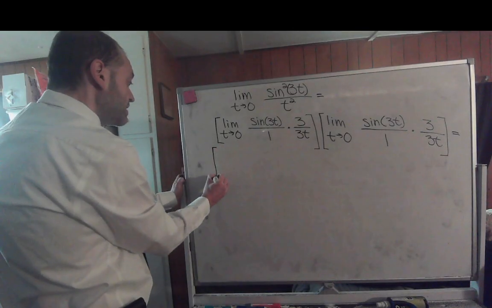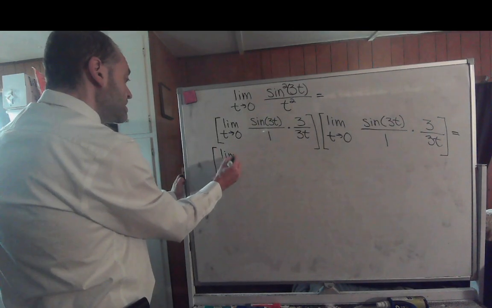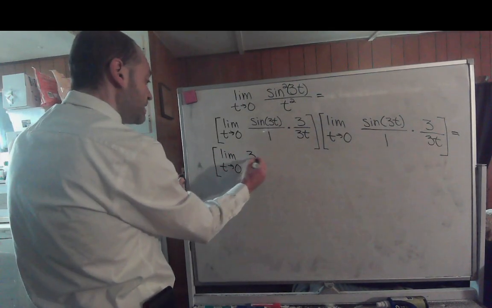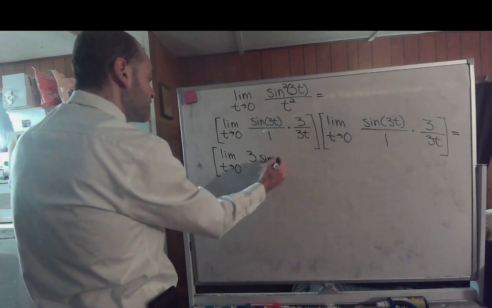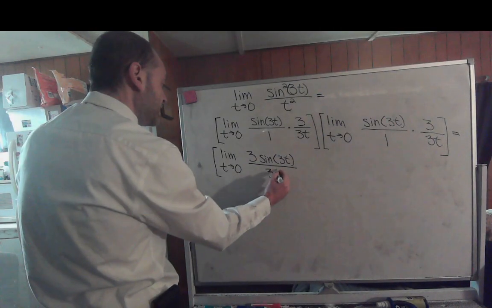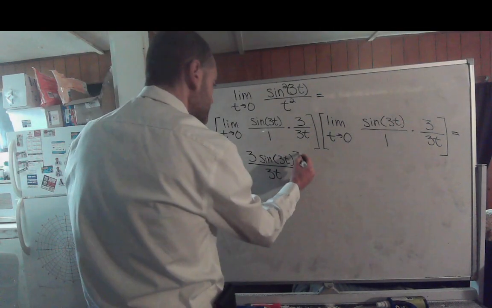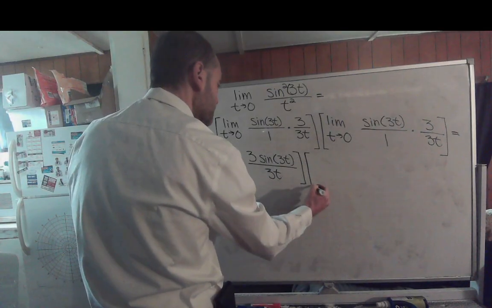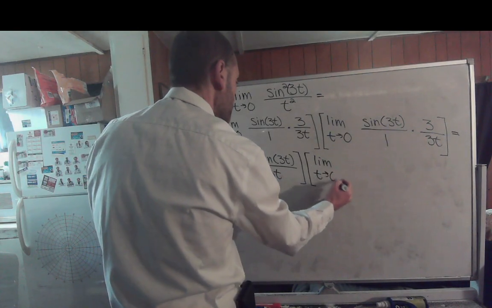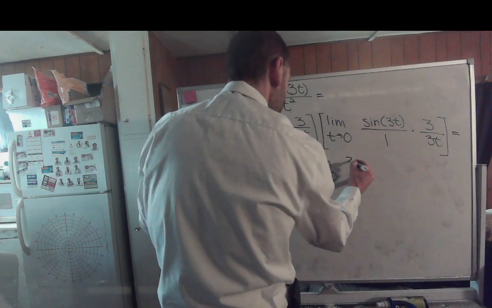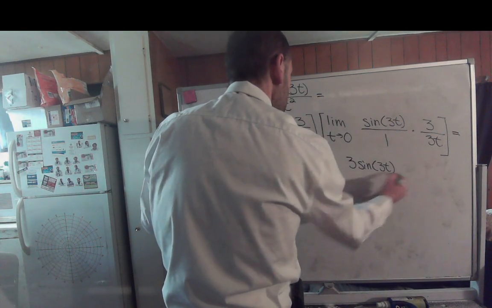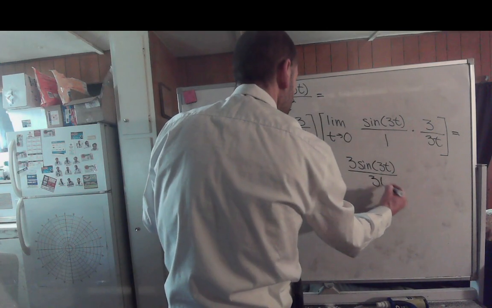This would be the limit as t approaches 0 of 3 times the sine of 3t all over 3t. And then it's going to be the exact same thing for the limit it's multiplied by. The limit as t approaches 0 of 3 times the sine of 3t all over 3t.